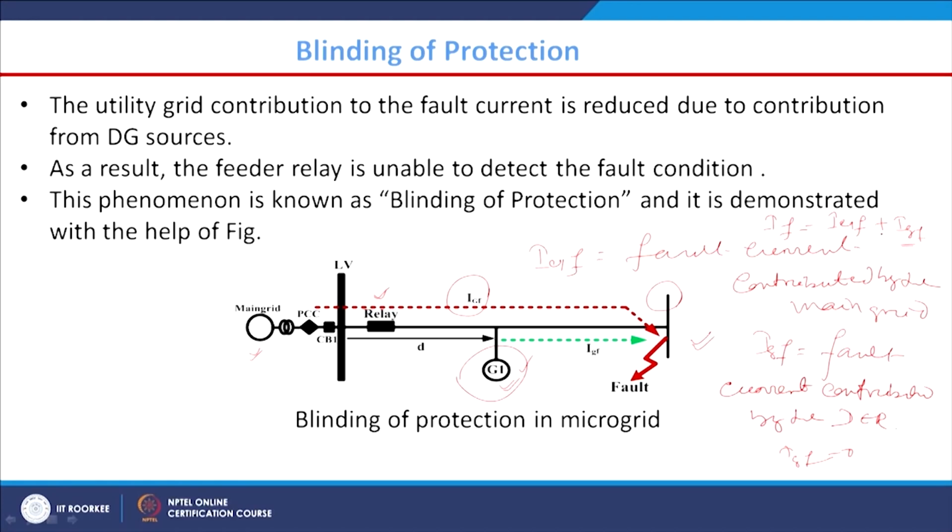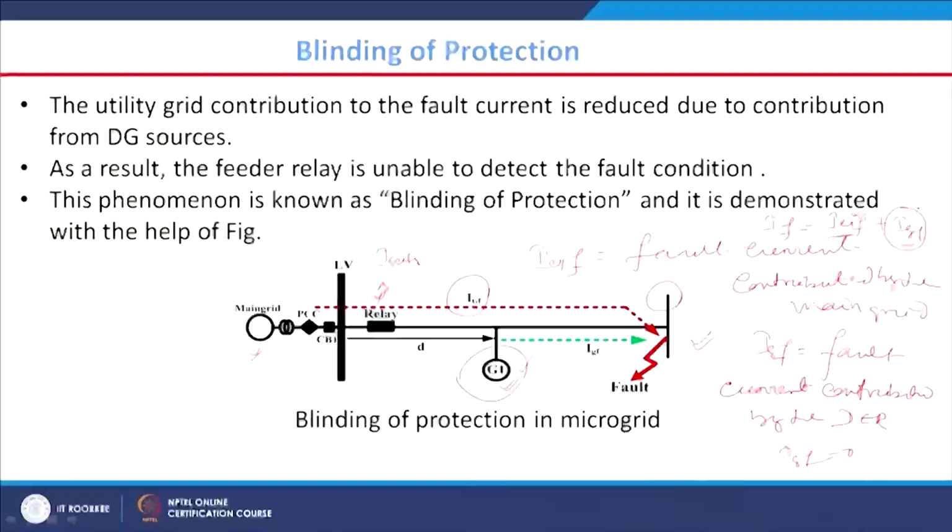Now, the relay setting, if it is an overcurrent relay, is done based on this capital IGF, the fault current contributed by the grid system. However, due to the penetration of this renewable source, this small Igf is going to be contributed to the fault point.